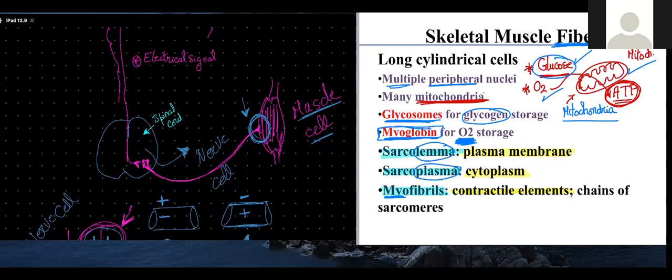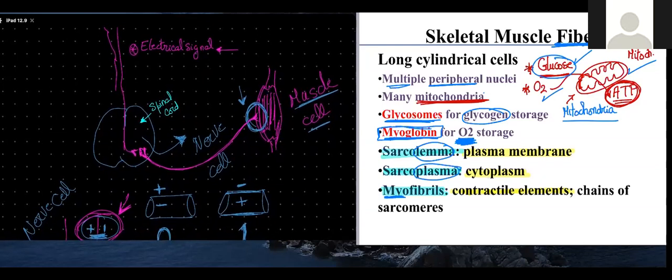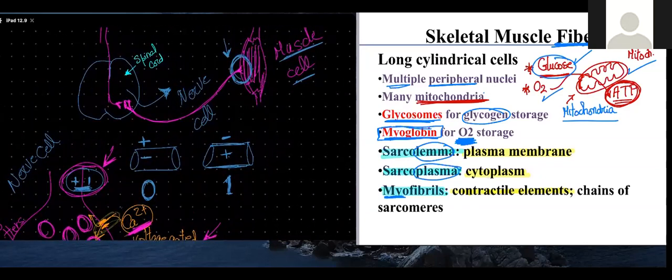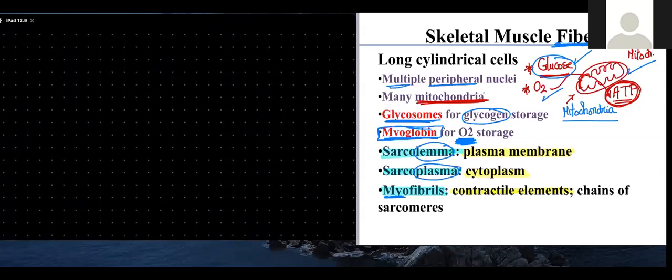We're going to discuss this in detail in a later chapter. This electrical signal will reach the terminal end of my nerve cells, which are directly connected to my muscle cells, muscle fibers.